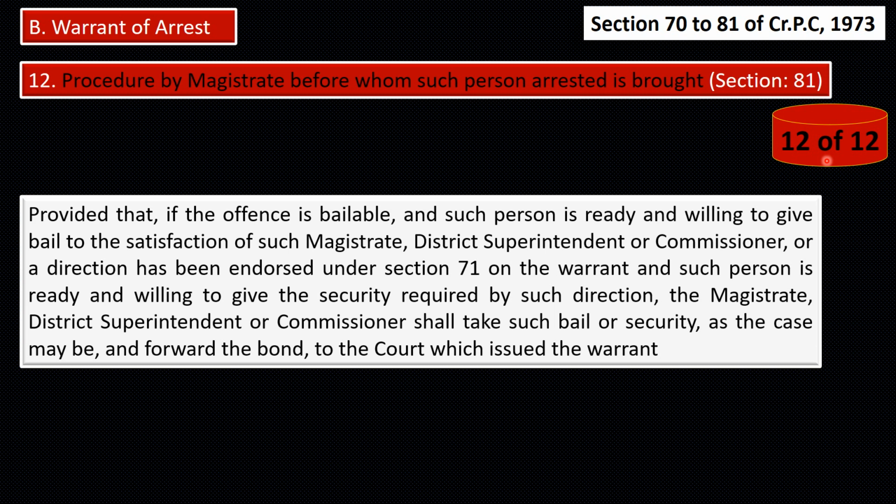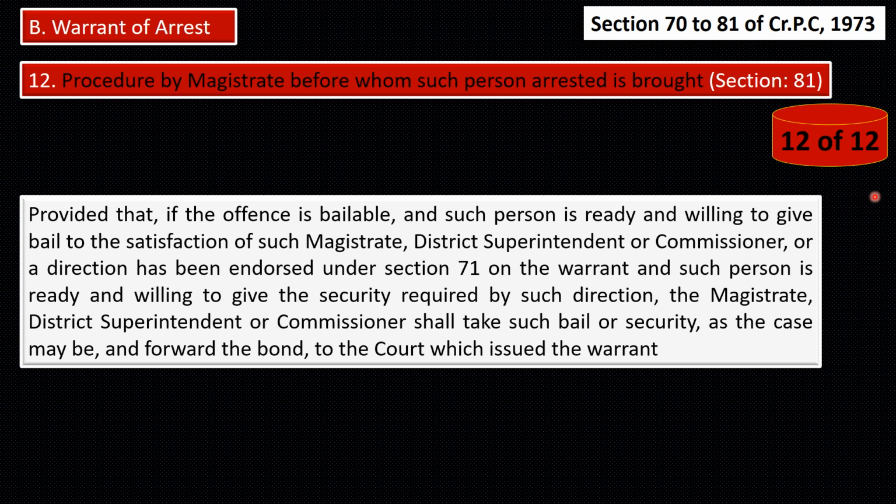But now in this last point, section 81 speaks about the procedure to be adopted by a magistrate before whom such arrested person is brought. So when a person who has been arrested is brought before the court, he will be sent to custody.